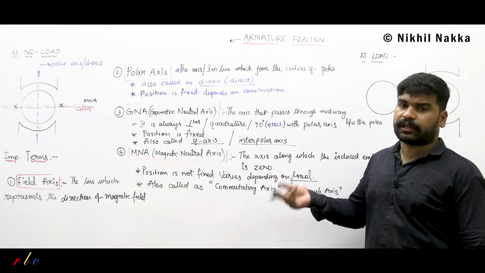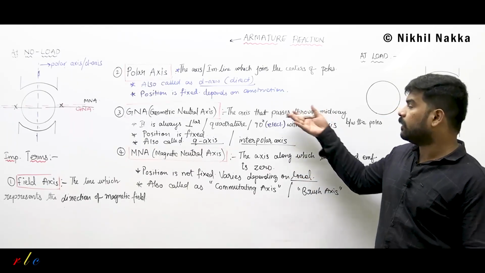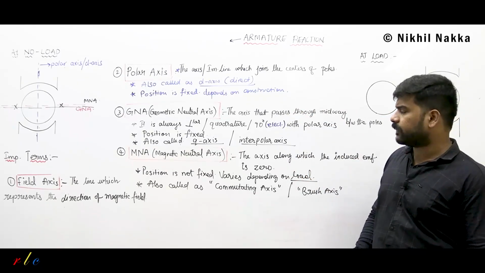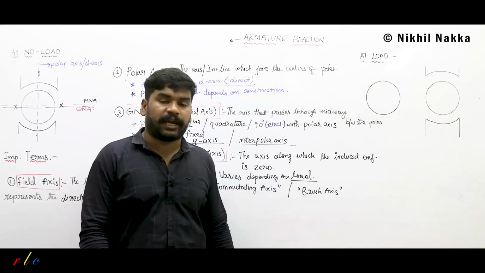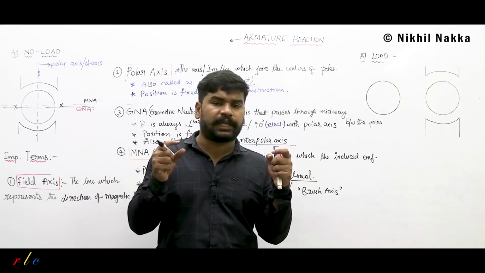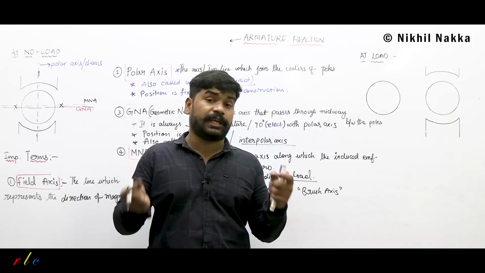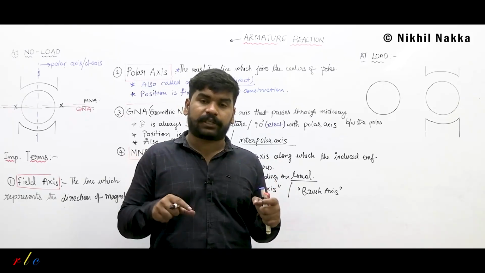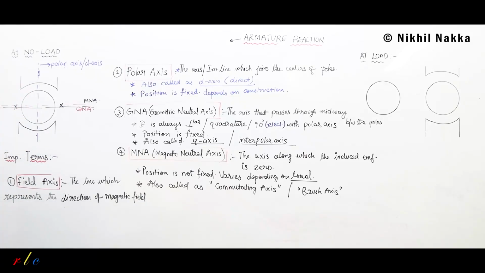But here there is another discrepancy: generally we find that GNA is also called the brush axis. Why is it so? Ideally speaking, brushes are to be placed where the induced EMF will be 0. But in a no load condition, only one main flux is there.